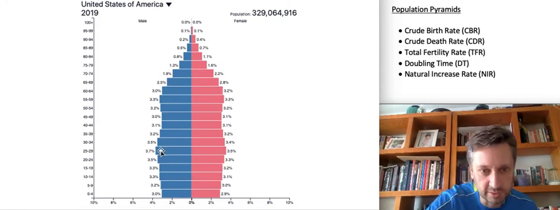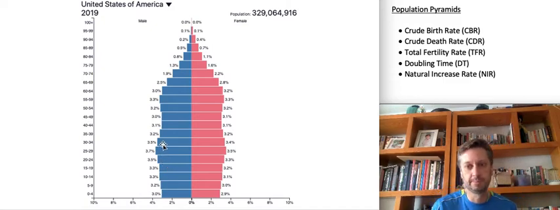And there's another bump here, specifically males between the age of approximately, I would say, 20 to 35. That probably indicates an influx of people, immigration, specifically of men of working age.